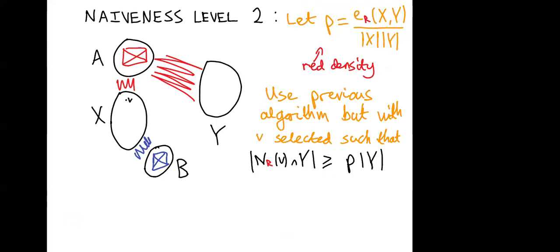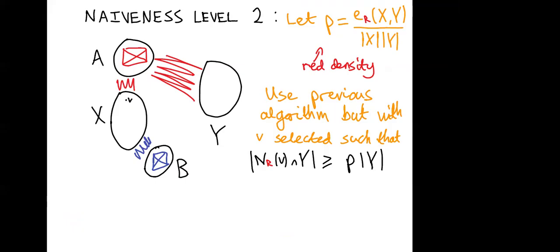So what we should do is keep track of the red density between X and Y at all times. This should be the fundamental thing we want to understand, the red density between the two sides, because this is what allows us to pick a V with a good red neighborhood on the other side as well.